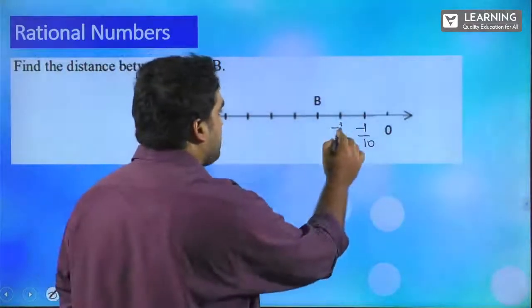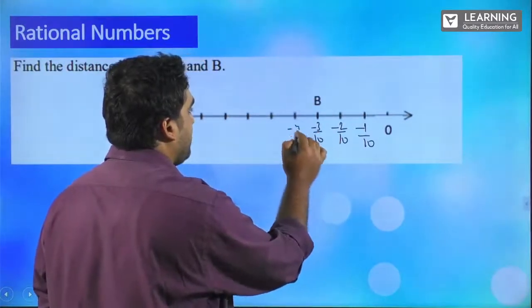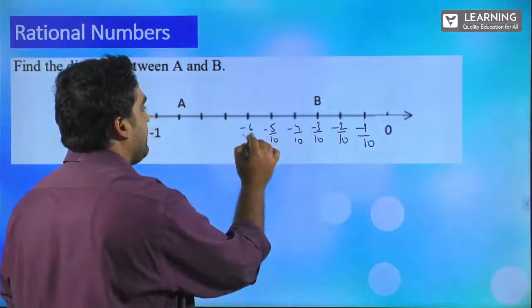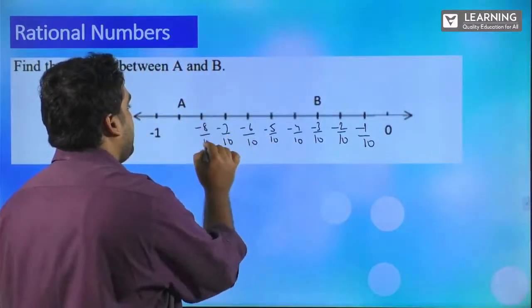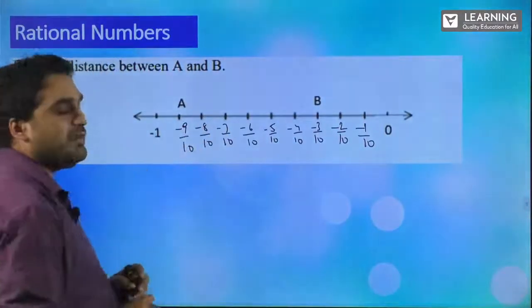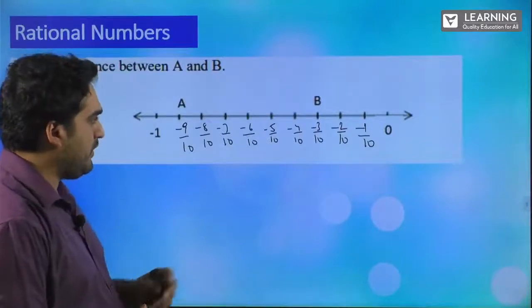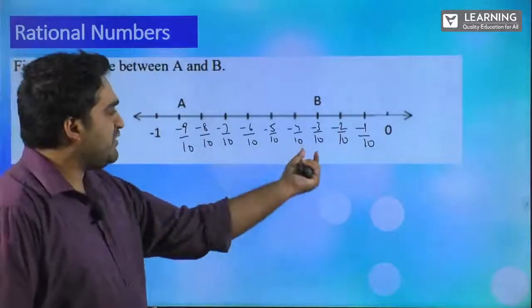Then -2 by 10, -3 by 10, -4 by 10, -5 by 10, -6 by 10, -7 by 10, -8 by 10, -9 by 10, and -10 by 10, which equals -1.